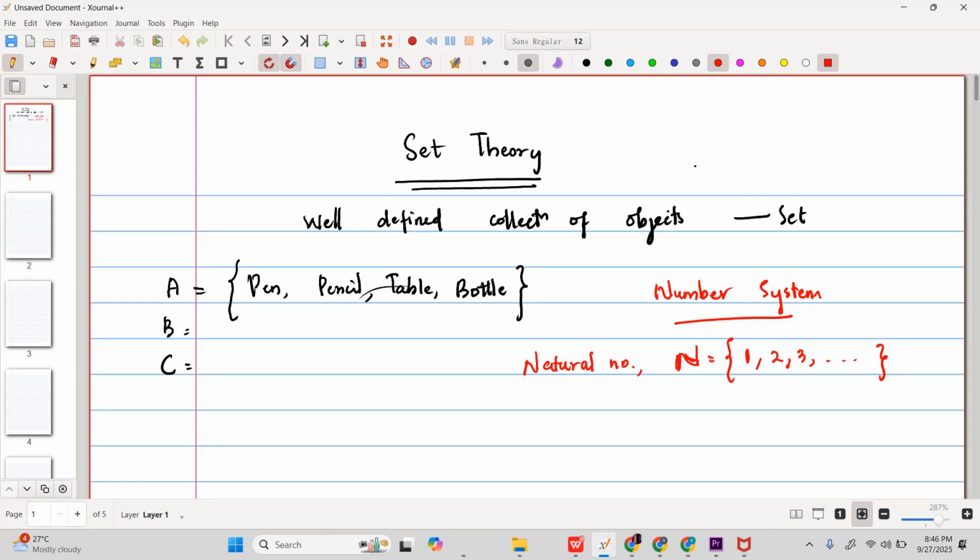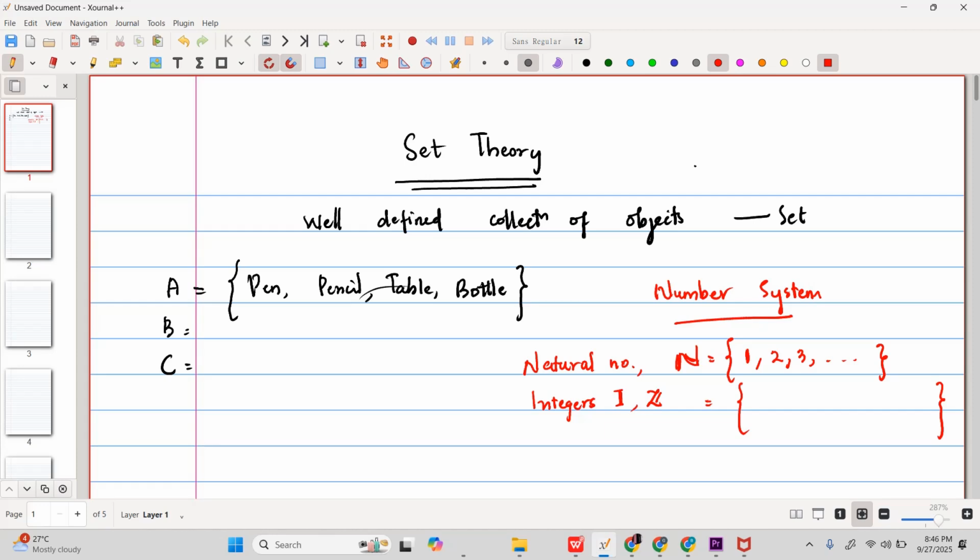And next we have the set of all integers. Integers is generally represented by Z. In some textbooks they represent it by I. Both are the same, and just indicate the integers. Integers means we are considering some more elements than the natural number system.